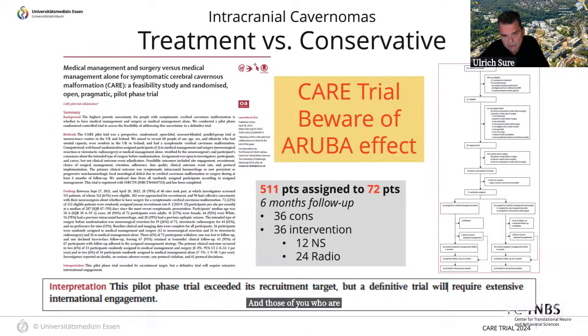But I must say that reading the first report on that, I'm very preoccupied, and not only I; also other neurosurgeons, because we really want to avoid a Ruber effect, because the CARE trial so far only includes a very atypical panel of patients treated, for example, mainly by radiosurgery.